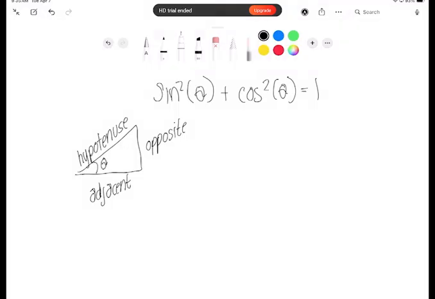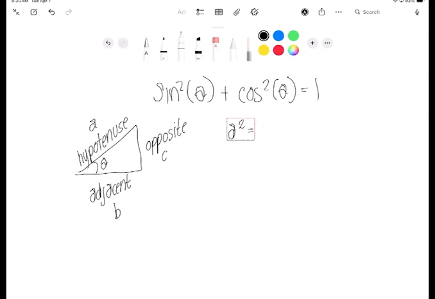So we know that side A, side B, and side C. So we have that the hypotenuse squared is equal to opposite squared plus the adjacent squared. So let's write it out right here.